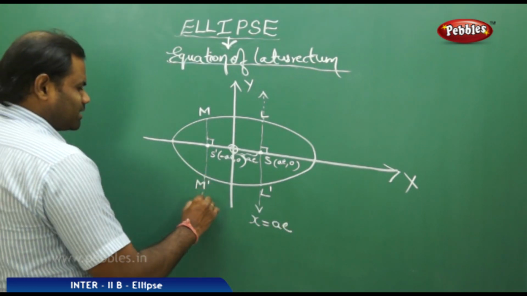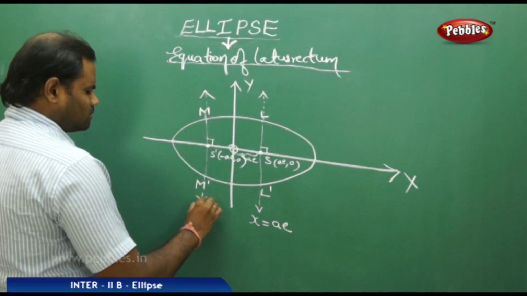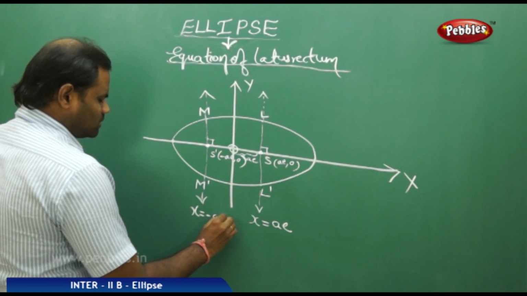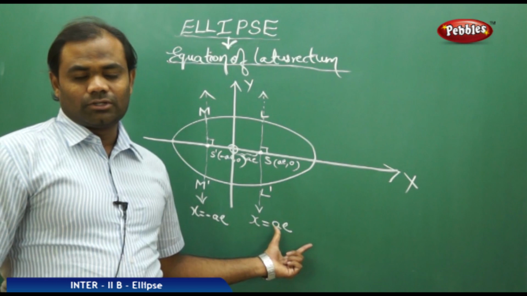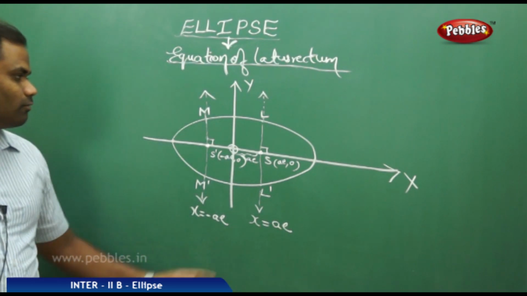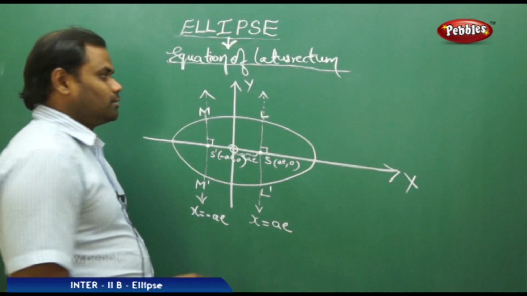And the equation of this latus rectum is x equals minus AE. So the two latus recta, or the two lateral recta which we see, have the equations x equal to AE and x equal to minus AE.